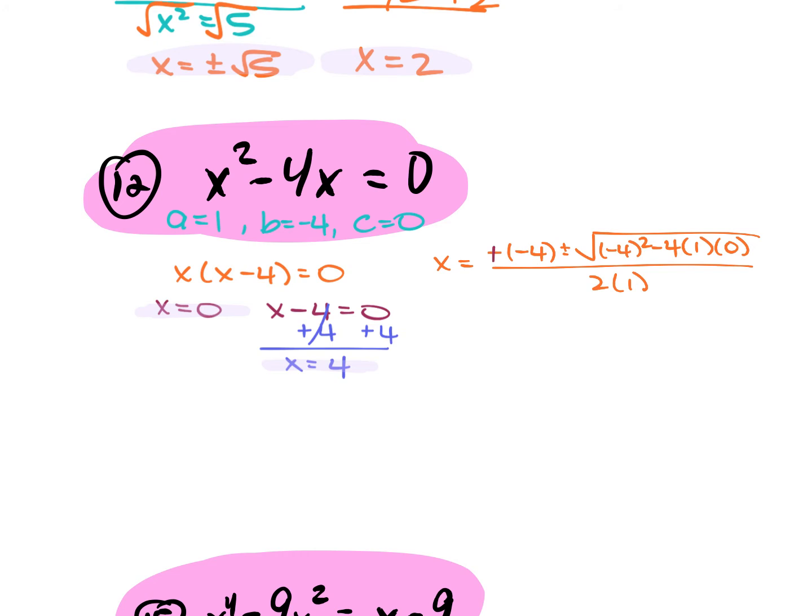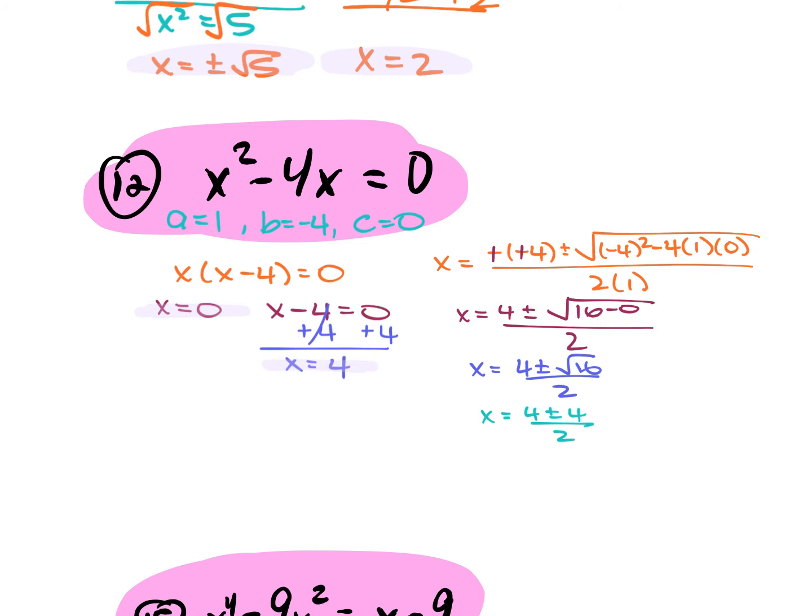So that opposite of negative 4 is positive 4 plus or minus the square root of negative 4 squared is 16, minus 4 times 1 times 0 all becomes minus 0, all over 2 times 1 is 2. The 16 minus 0 is just the square root of 16. So that's 4 plus or minus the square root of 16 over 2. What is the square root of 16? 4. So you have x is equal to 4 plus or minus 4 over 2.